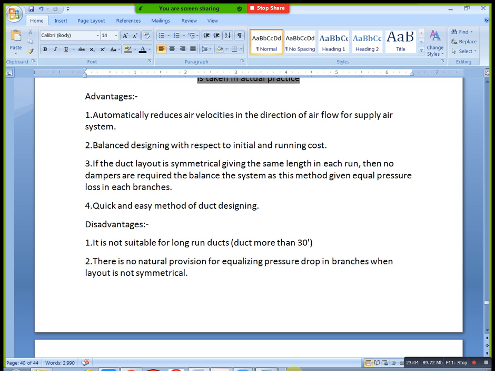There is no natural provision for equalizing pressure drop in branches when the layout is not symmetrical. For example, just you can see here, not this one.